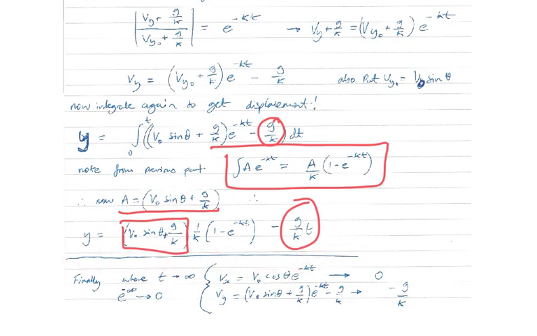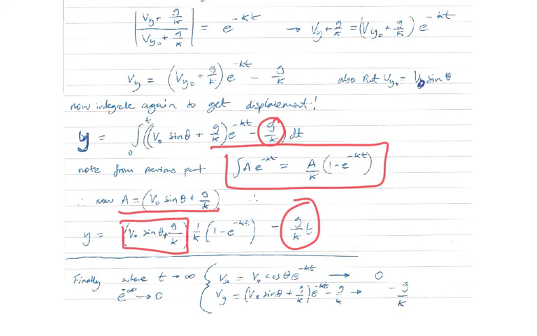Now, the last bit of the question is quite a nice example of why this analysis would be useful. It's asking you to find out the terminal velocity of the projectile. Now, of course, the terminal velocity will happen as time goes to infinity in this model, so we can look at our expression for the x component of the velocity and the y component of the velocity and see what they're going to predict for infinite time.